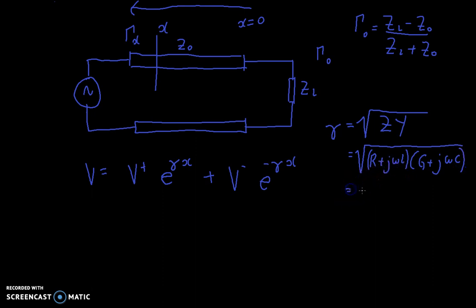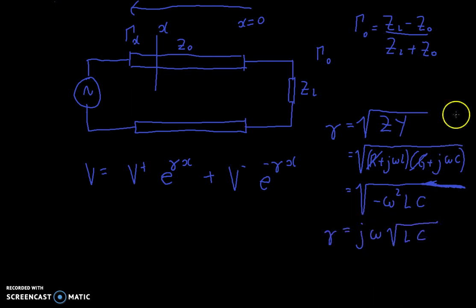And remember that for a lossless line, r and g are equal to 0. Then we just multiply these two. j times j is minus 1, so you get minus. Then omega times omega is omega squared, and L times C goes here. Now in this square root, the minus sign becomes a j, and this becomes omega times the square root of LC.